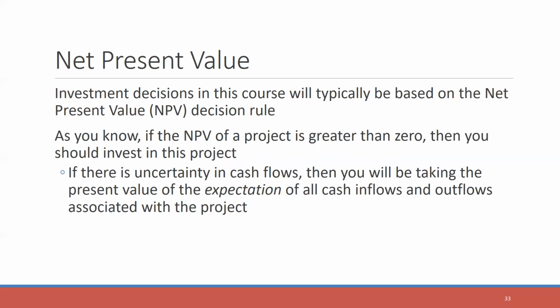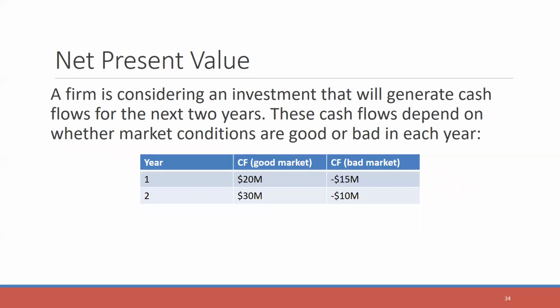If there is uncertainty in cash flows, meaning you don't know for certain what the cash flow for the project will be in year 2, year 3, etc., then you'll be taking the present value of expected cash inflows and expected cash outflows. You'll be taking an average, an expectation. So let's do that together.